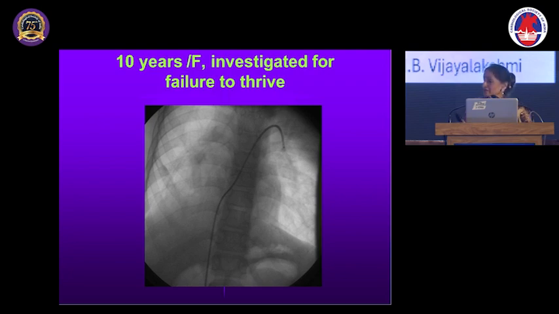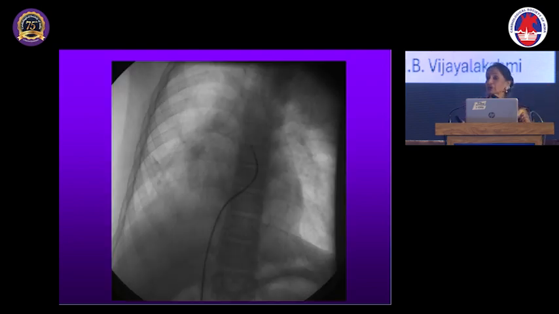And what you see here? Dr. Santanu Guha showed you the saturations, and you answered the question, and when I'm showing the angio, you're not able to make out. Echo can make the diagnosis, but the cath can tell you.